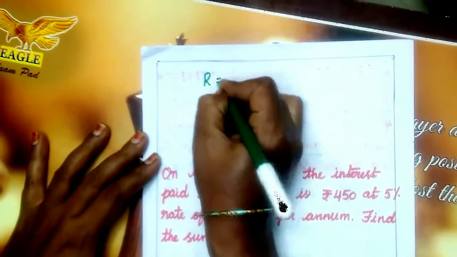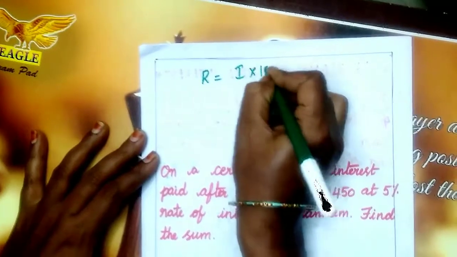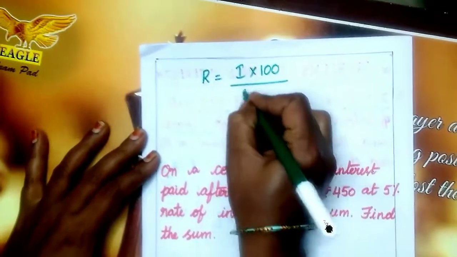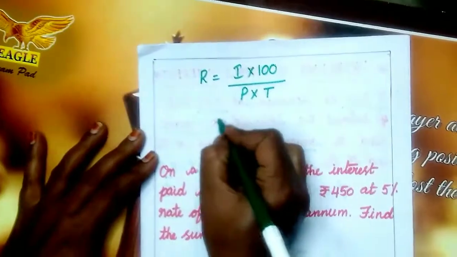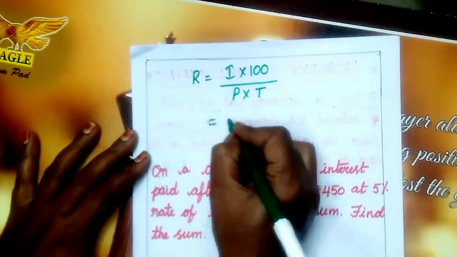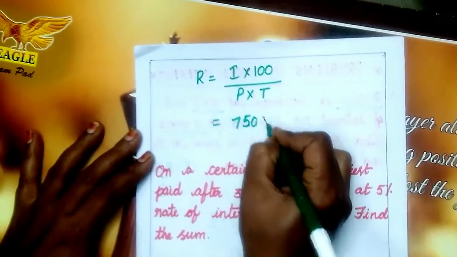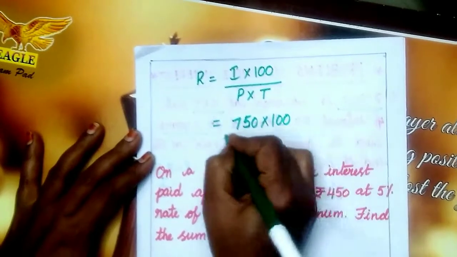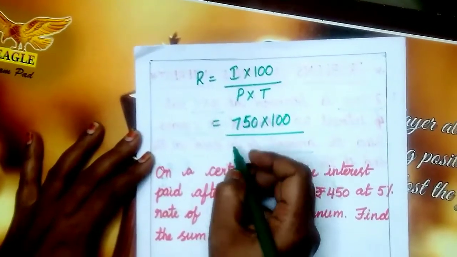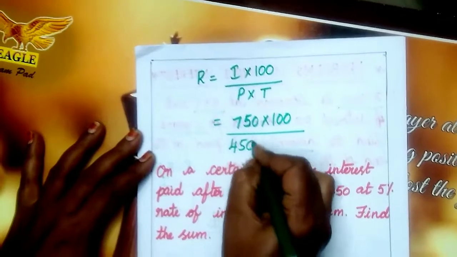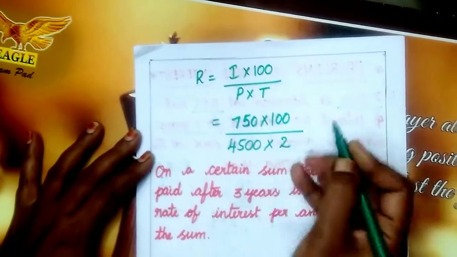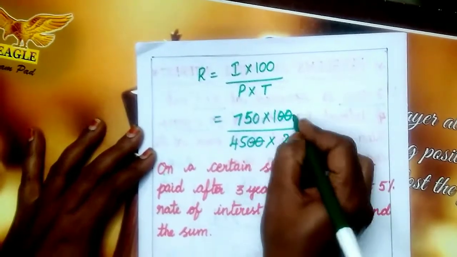R is equal to I into 100 by P into T. So I, interest, is 750. We already wrote the given, no? 750 into 100 by P into T. What is P here? 4,500, the principal, into time period, which is 2 years. So 2 zeros cancel.